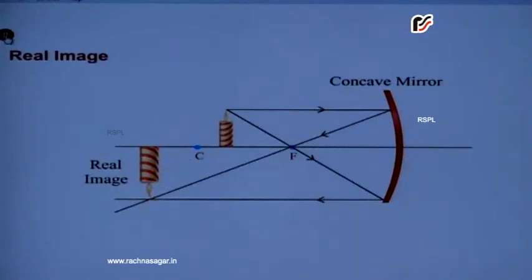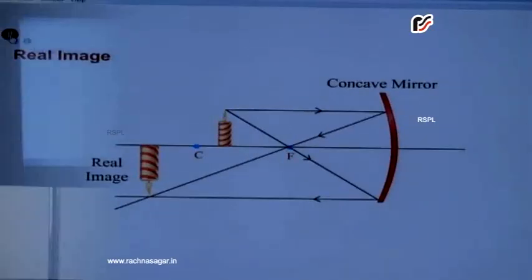In the same case of a lens, when the two rays which are refracted from the lens actually meet at a point, a real image is formed. Remember one important thing, in case of mirror, the real image is formed on the same side of the object, but in the case of lens, a real image is formed on the other side of the object.